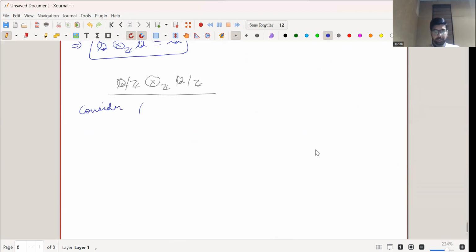So consider p/q + Z, tensor over Z with r/s + Z. These are an arbitrary generator of this thing, right? So this is inside Q/Z tensor with Q/Z, right?